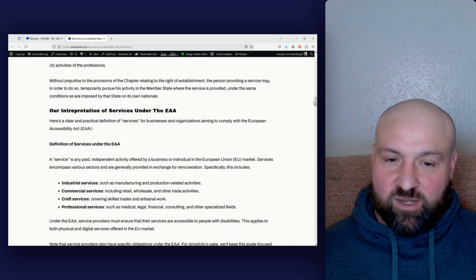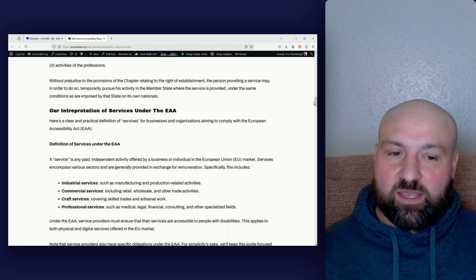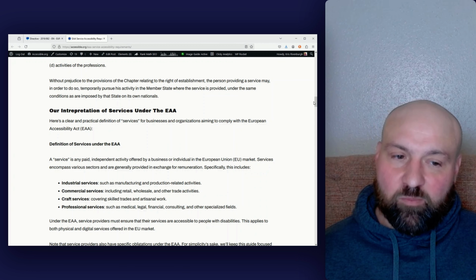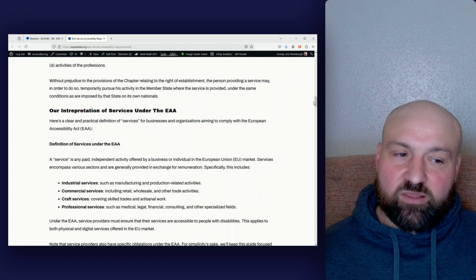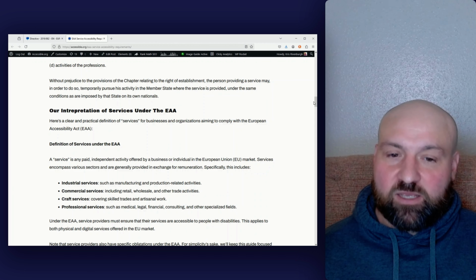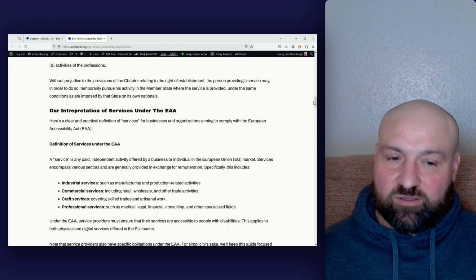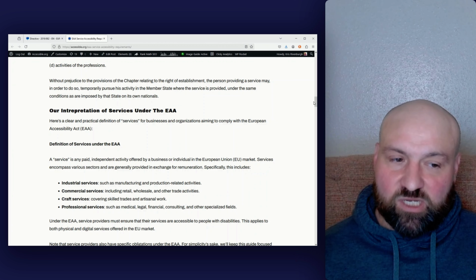So here's the definition. A service is any paid independent activity offered by a business or individual in the European Union market. Services encompass various sectors and are generally provided in exchange for money.